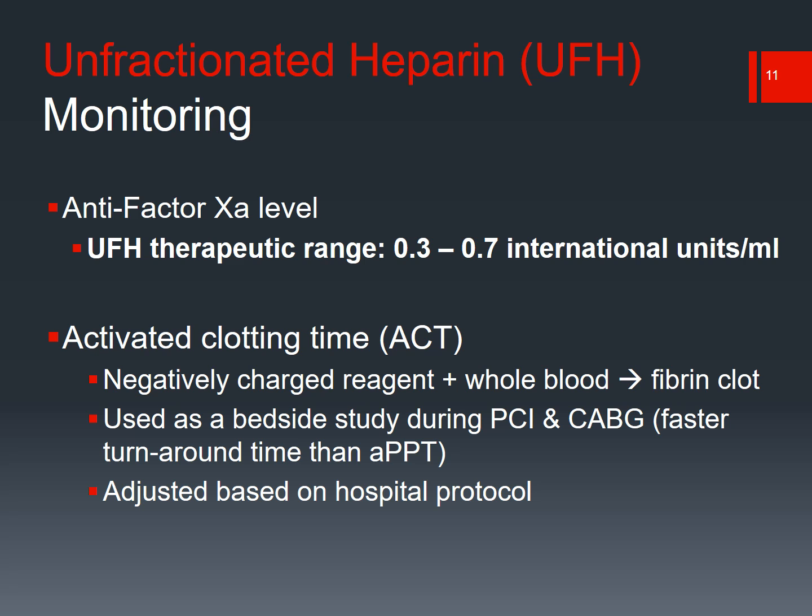You can also monitor it at bedside using an activated clotting time, however, a reference range is not provided here. So you can monitor unfractionated heparin with APTT-PT, with an anti-factor 10A level, or with ACT.